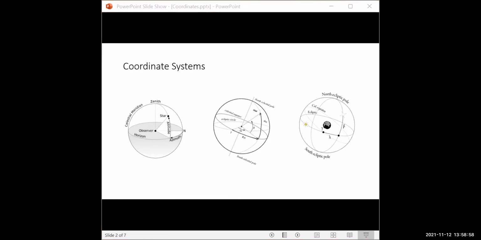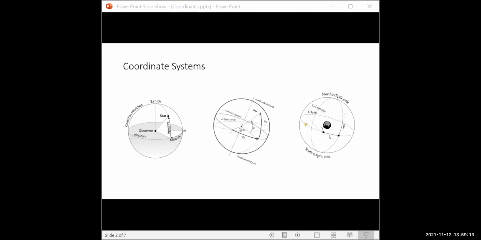If I am the observer, I am right at the center and the point overhead is the zenith. If the pole star is sitting at a certain point here, I draw a great circle and meet the horizon.